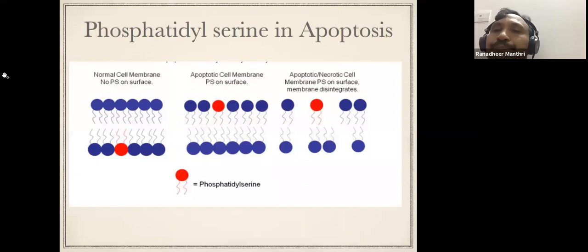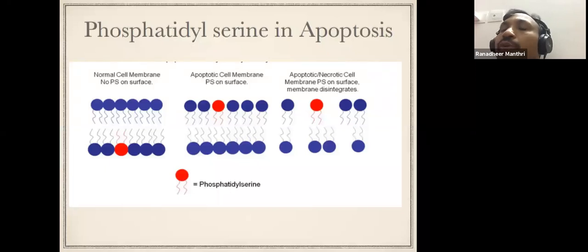So phosphatidylserine in apoptosis: you see a normal cell, no phosphatidylserine on the surface. It is present on the inner side towards the cytoplasm. But in an apoptotic cell, the phosphatidylserine is on the extracellular surface. So in the apoptotic or necrotic cell membrane, phosphatidylserine is on the surface membrane and it disintegrates.